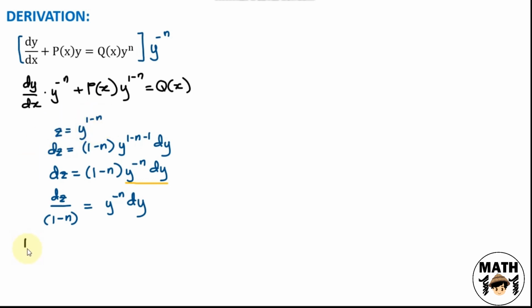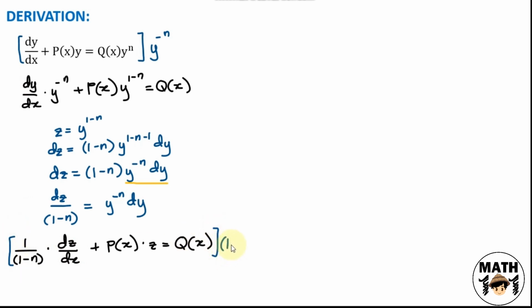We'll get 1 over 1 minus n multiplied by the derivative of z with respect to x plus p as a function of x multiplied by z equals q as a function of x. Then, we remove this so that only the derivative of z with respect to x remains as the first term. We can do that by multiplying the whole equation by 1 minus n.